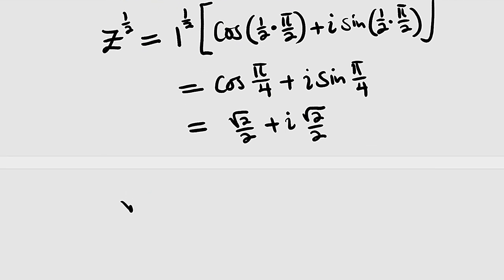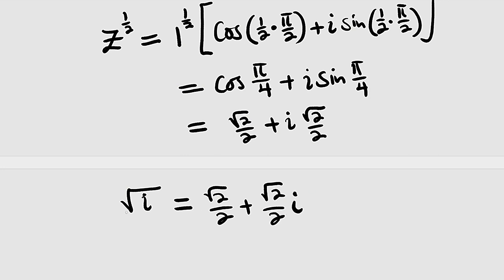Finally, you can see that the square root of i is equal to root 2 divided by 2 plus root 2 divided by 2 i. As simple as this. Therefore, the square root of i is equal to root 2 divided by 2 plus root 2 divided by 2 i.